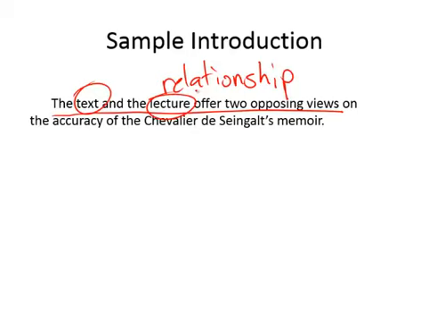There are a few very small details you can see in here. Accuracy, Chevalier de Saint-Gault's memoir. But that's just the topic. It's not really anything about the specific discussion, the specific argument. It's just the topic.